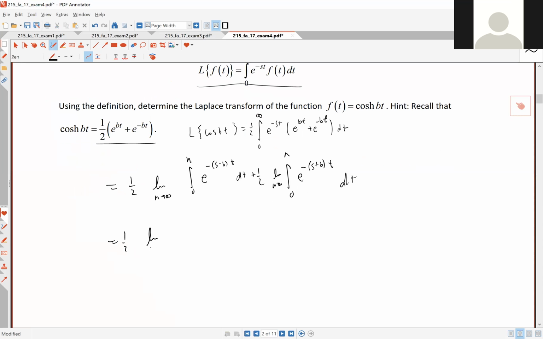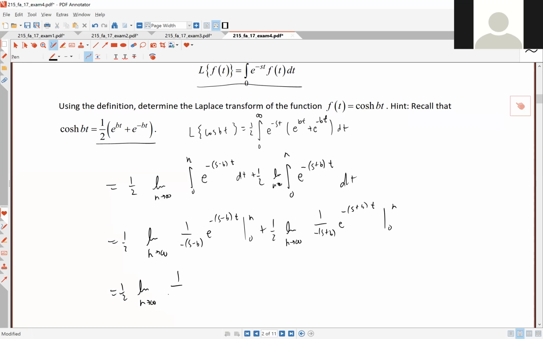That's 1/2 the limit as n approaches infinity. That integral is going to be 1 over negative s minus b e to the negative s minus b t evaluated from 0 to n. This one's going to be 1/2 limit as n approaches infinity of 1 over negative s plus b e to the negative s plus b t evaluated from 0 to n.